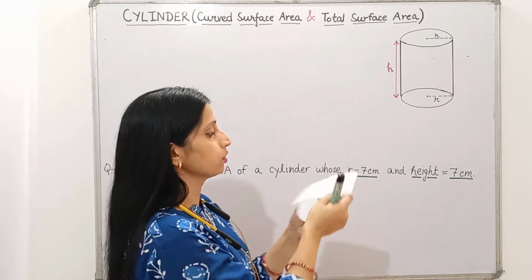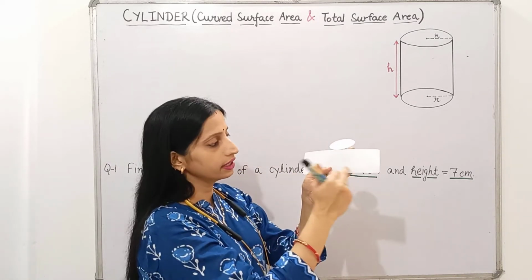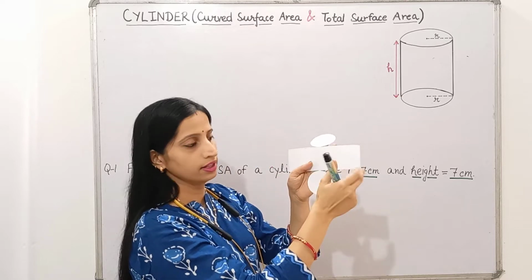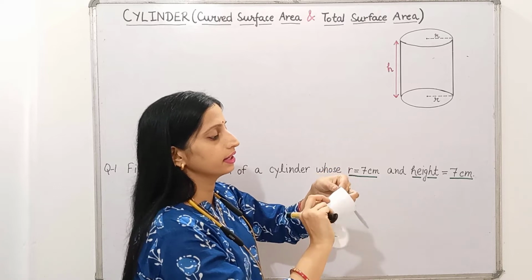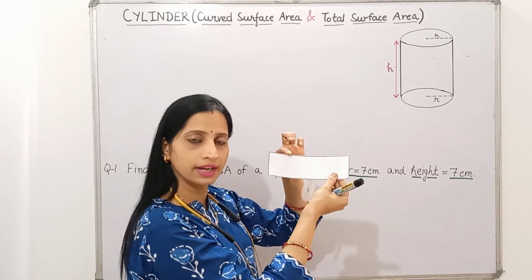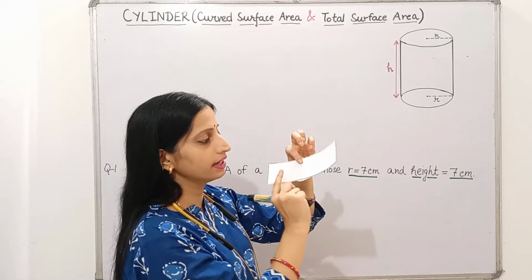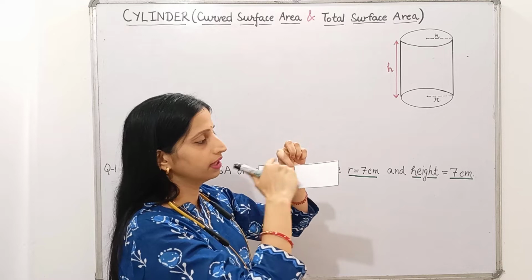Okay. So to find out the curved surface area, we will find out the area of this rectangle, because this curved part is nothing but a rectangle only. Okay, and we know that the area of a rectangle is length into breadth. And what will be the length?